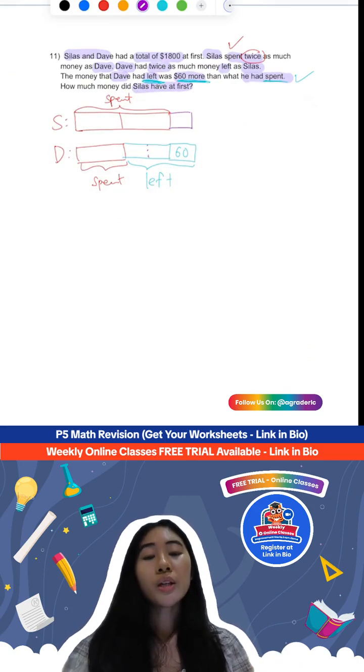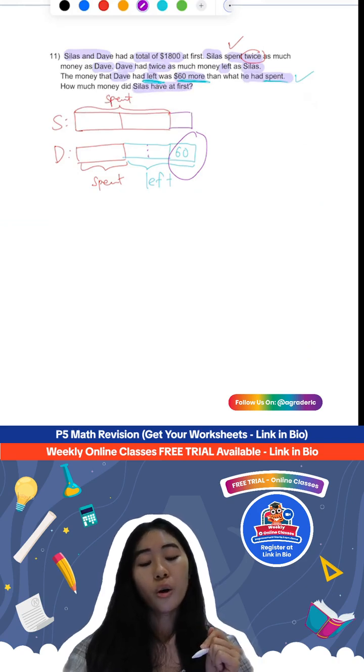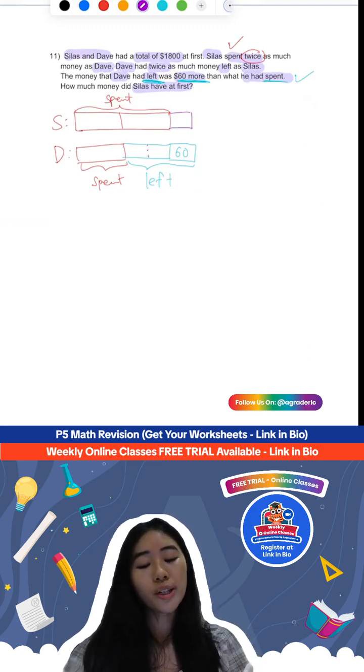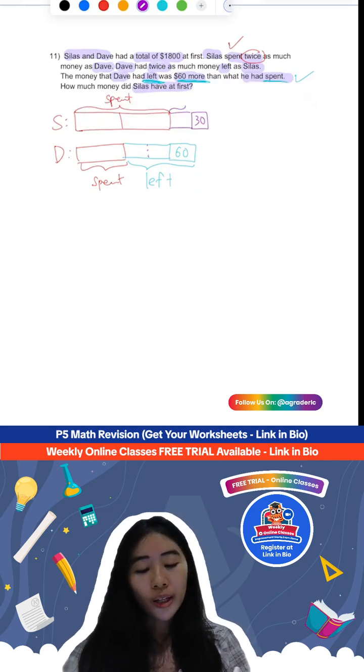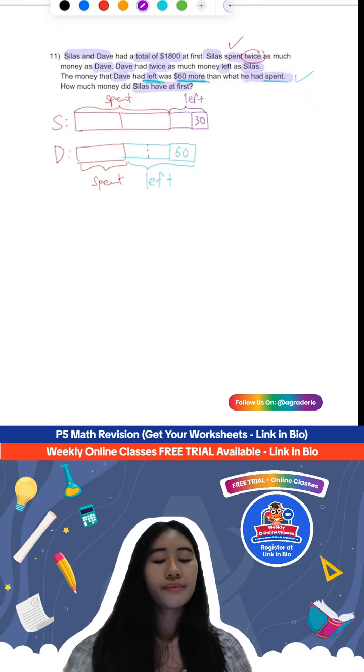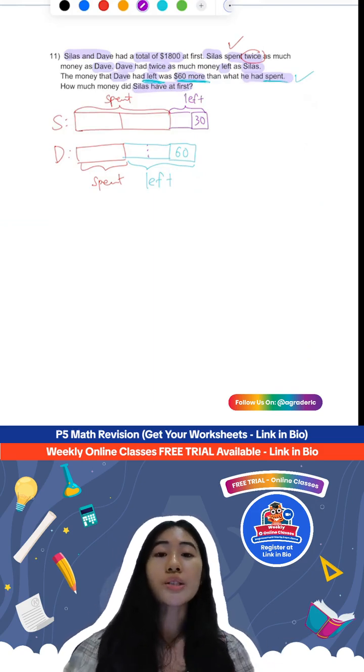When you cut the unit, you also have to make sure to cut the value into half. So for 60, if you cut it into half, you divide by 2, it's actually 30. Okay, like this. So then you can label this. This is what Silas has left. For the other units, make sure you cut it to the same size.